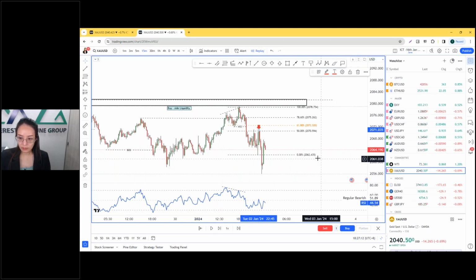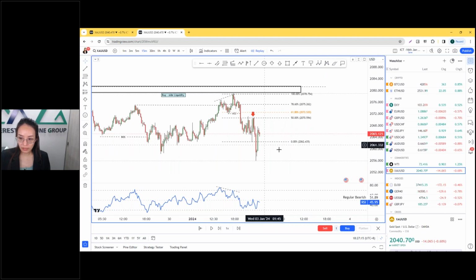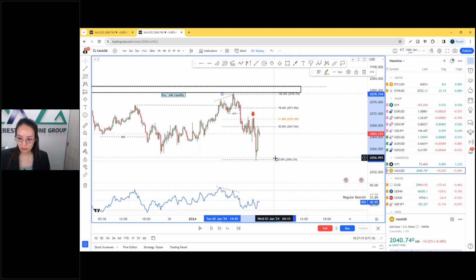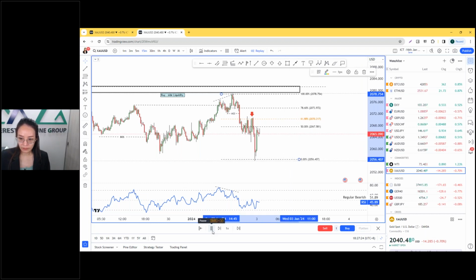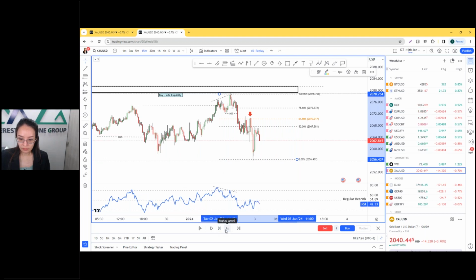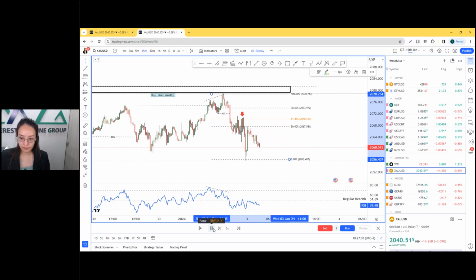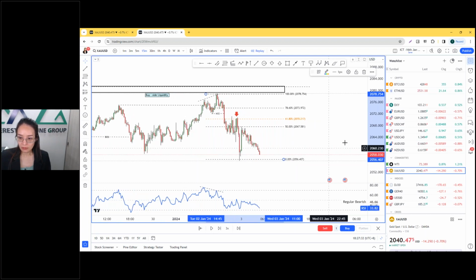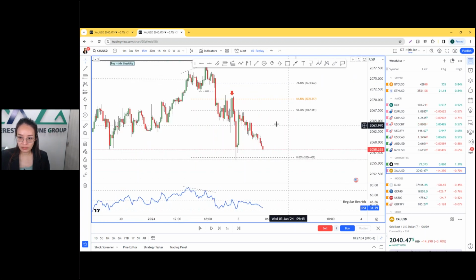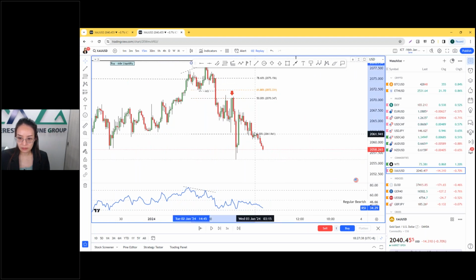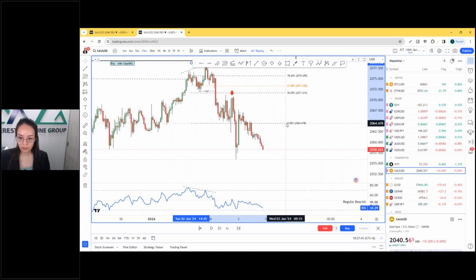Now, if you want to draw Fibo, here is your low. I'll just make it faster. Now, I don't think they will come up, but we will get this entry, just like I said, at 50%, which is somewhere I forgot.